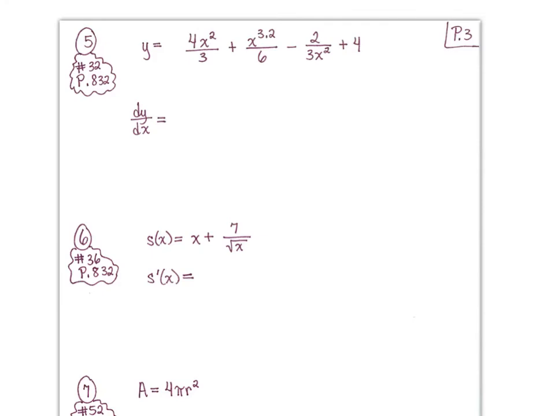So again, this is just a check-in to make sure that you're on the right track. How did you rewrite y before you find the derivative? Yes, Haley? 4/3 times x squared. What else?